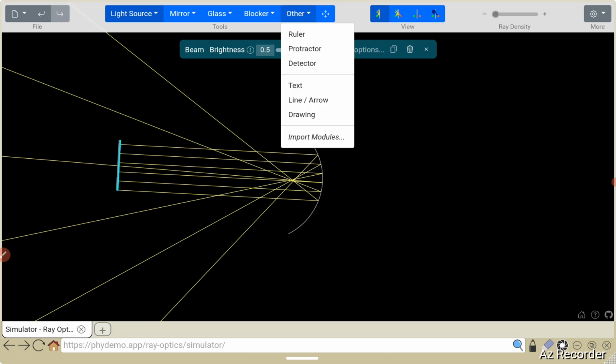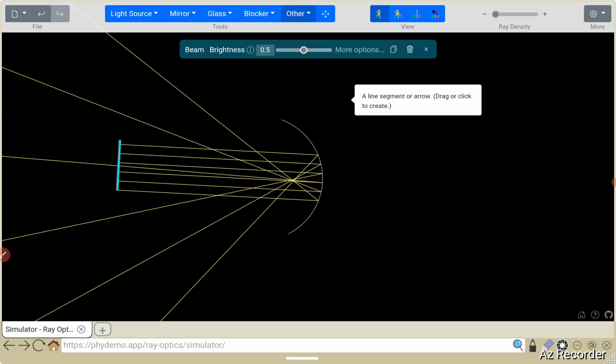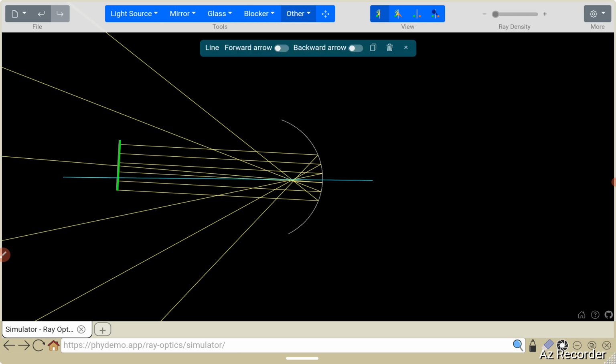Now this is the focus point. Now I will just take one line segment passing through the focus. We have learned what this is: the principal axis.